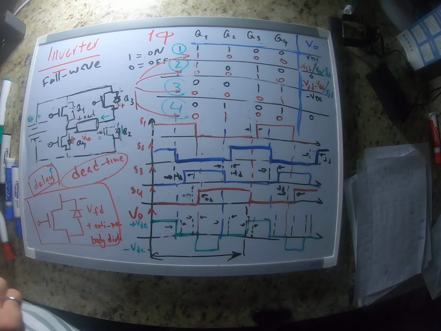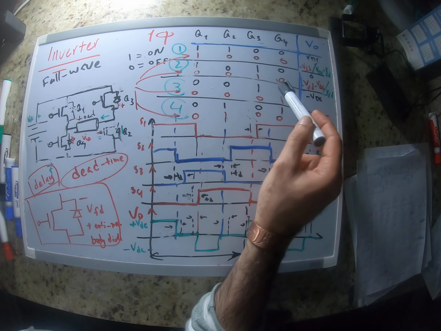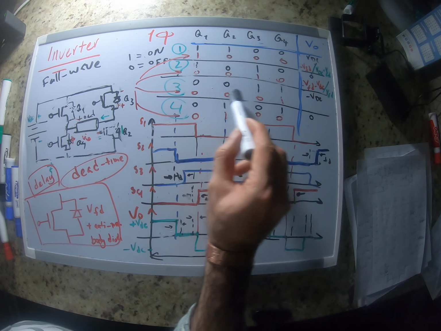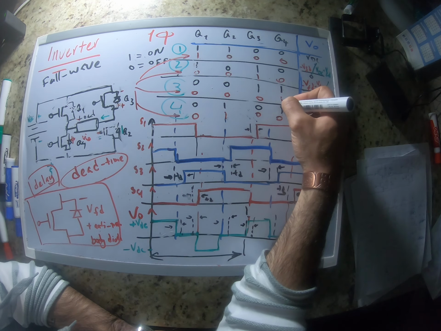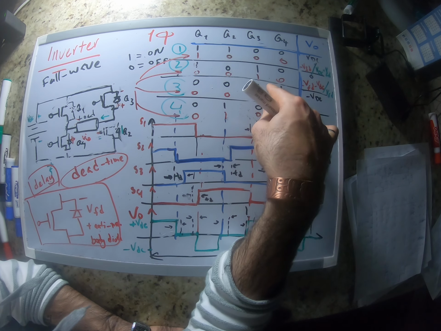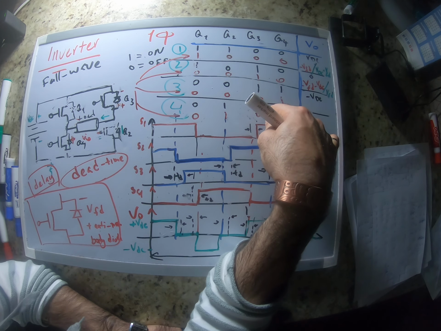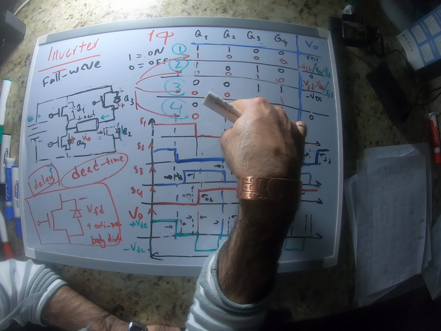But now we want to go from state 3 to state 4. We want to keep switch 4 on, turn switch 3 off and turn switch 2 on.